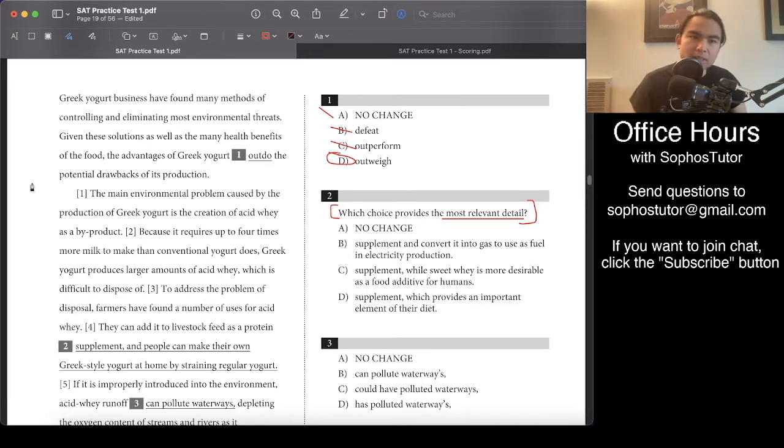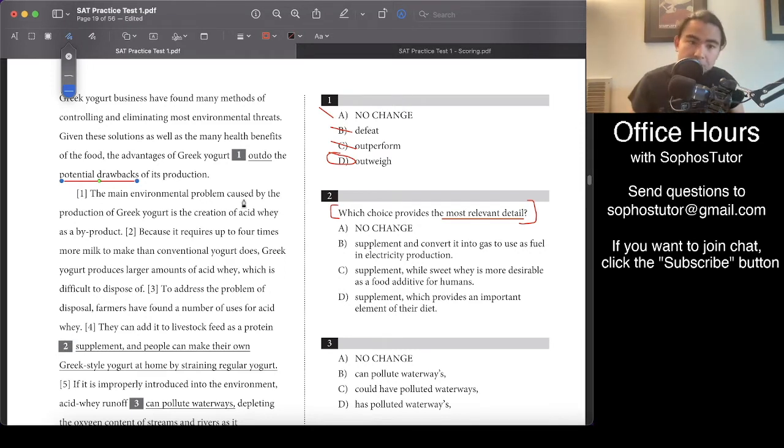But even if we look at the topic sentence here, which says that the main idea of this next paragraph will be about the main environmental problems caused by the production of Greek yogurt, it's still building off of the idea from the previous sentence about the potential drawbacks of Greek yogurt's production. Even topic sentences have the obligation of building from at least a piece or fragment from a previous sentence.